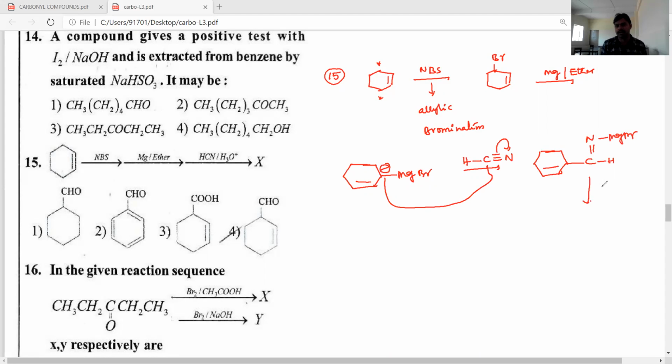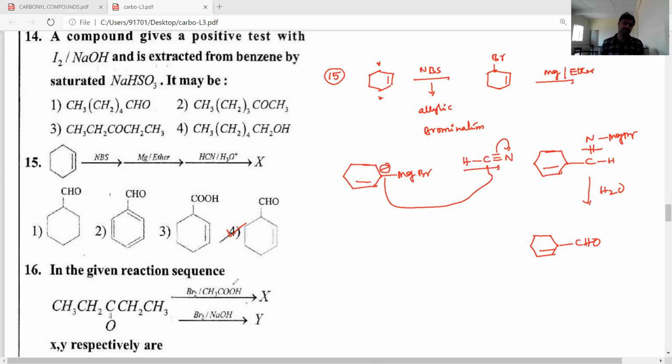This followed by hydrolysis gives the aldehyde group, CHO group. So the answer is the fourth option.